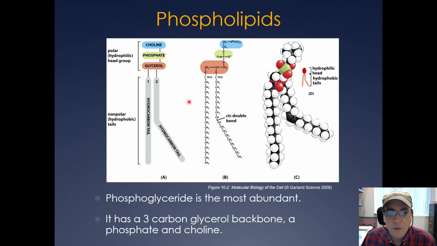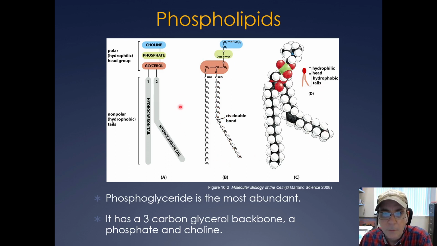In this instance, we're looking at phosphoglyceride, and you have the glycerol, then a phosphate group, then a choline, and then your hydrocarbon tail. So this is the polar hydrophilic head group, and then you have the non-polar hydrophobic tails. These hydrophobic tails can be either saturated or unsaturated. This is an unsaturated one where you have a double bond, and that creates a little kink in it, as you can see here.